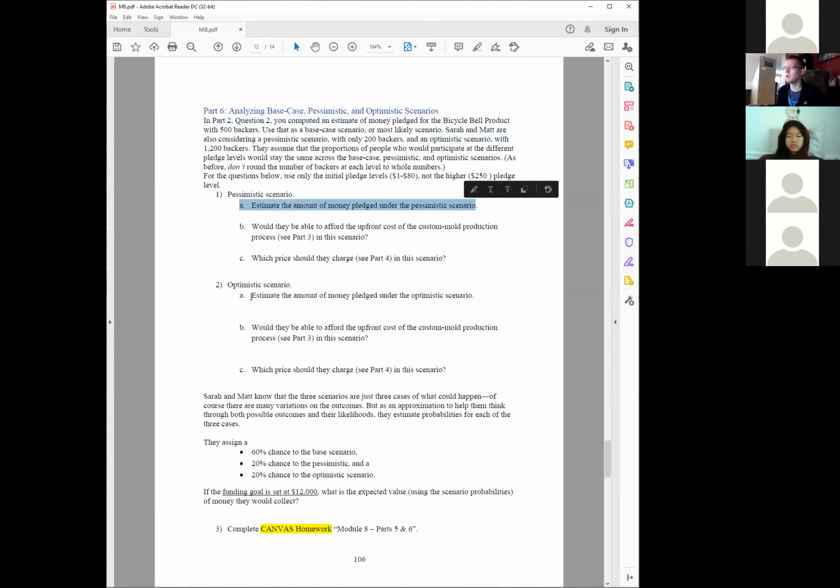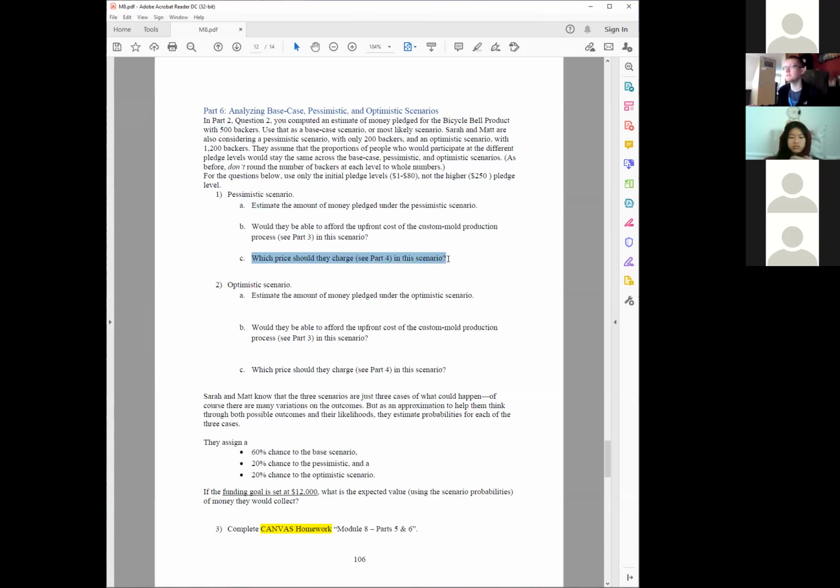And so in the first part of these two questions, we're just going to see how much money is pledged in those two scenarios. So we already have a calculator that can do that for us. For the second question, they ask if we can afford the mold. So essentially, you are just looking at your answer to A and seeing if you raised at least $15,000.